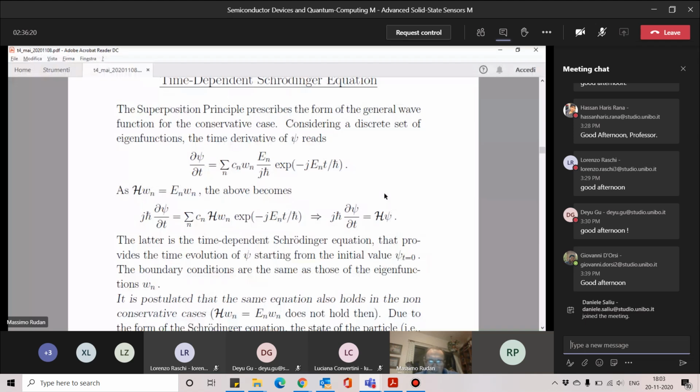Let me comment a little bit more on it. Assume that somebody gives you the Schrödinger equation that depends on time, the one that is written here on this page, okay? And asks you to solve it, okay?